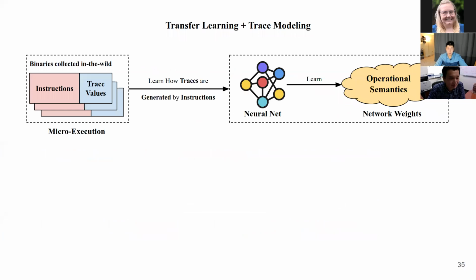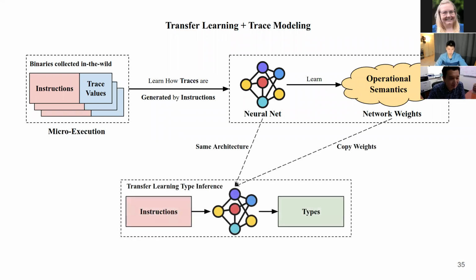So here we still leverage the idea of trace modeling and transfer learning. We first learn instructions and the trace values by forcing the model to learn how instructions produce the trace values. And then we transfer this learned knowledge to type inference. And here, like what Inge asked, we also augment our pre-training task with learning control flow.